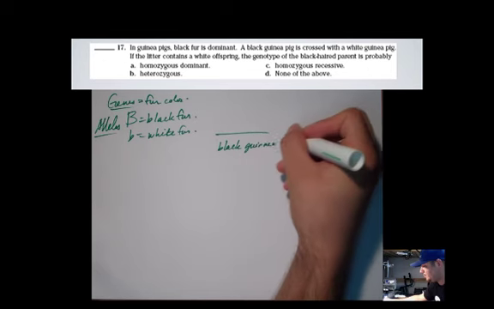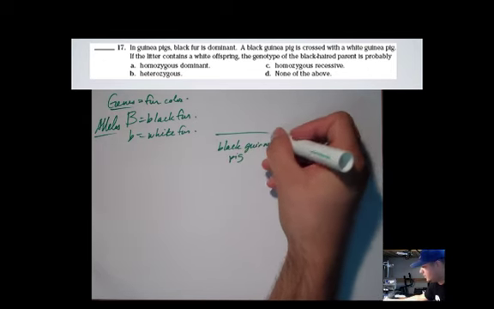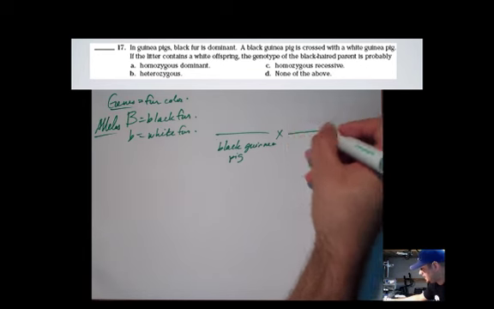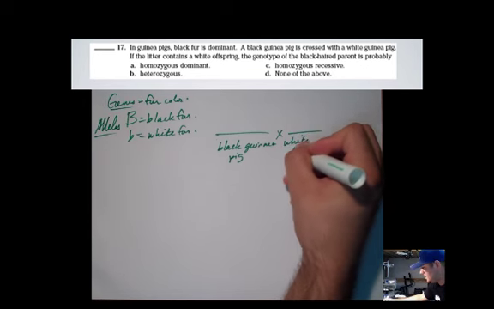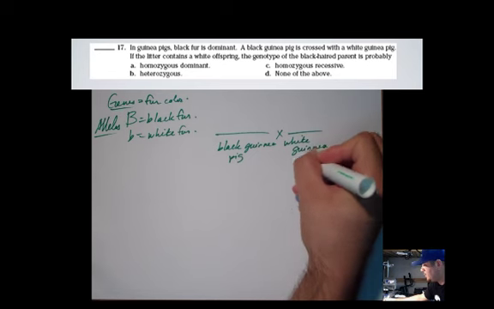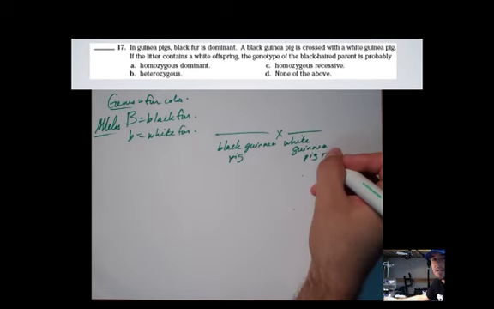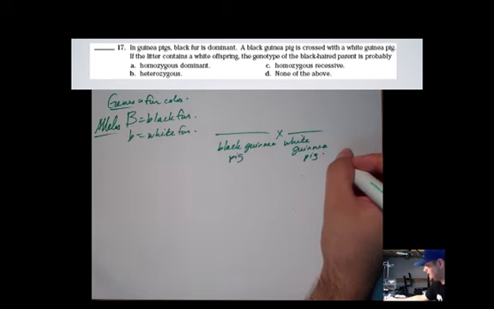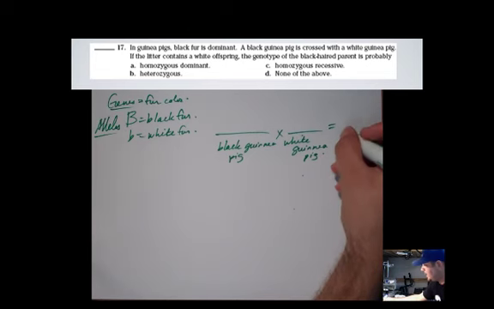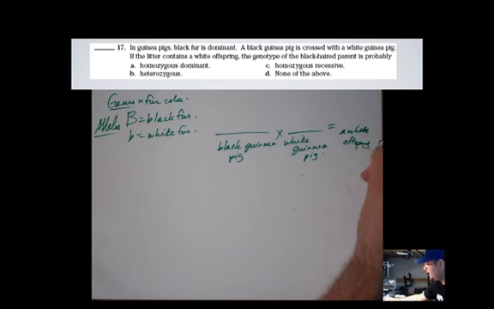Now, they're saying that you have a black guinea pig and you cross it with a white guinea pig. And if the litter contains a white, so you get a white offspring, then what's the genotype of the black-haired parent?